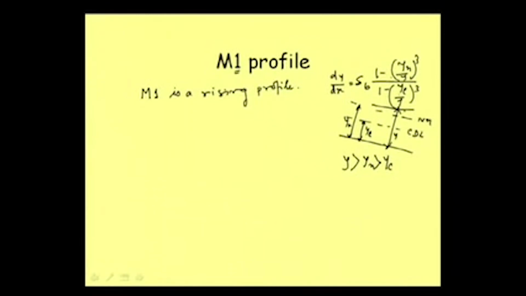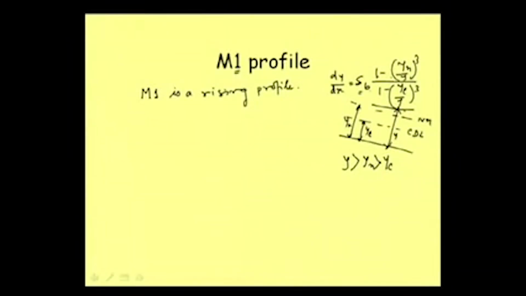So numerator and denominator both are positive, and when it is mild slope, bed slope is also positive. We talk about negative bed slope only when we talk about adverse slope. A slope falling in the direction of flow we refer to as positive slope, that we emphasized when we were doing the derivation of gradually varied flow. Perhaps you remember that, and that is why Sb is also positive.